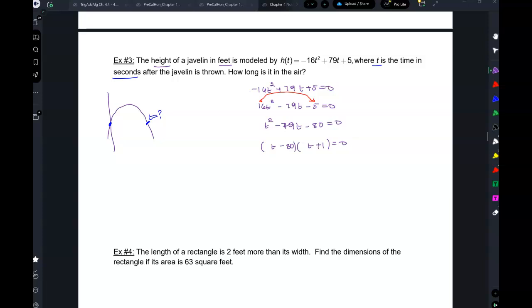Plus 1. But now, remember how I took out the 16? I was not allowed to do that. So now I got to bring the 16 back. Wait, isn't it plus 79t, not minus 79t? No, because we multiplied it through by a negative. Oh. So now, remember how I took out the 16? That was illegal. I put the 16 back.